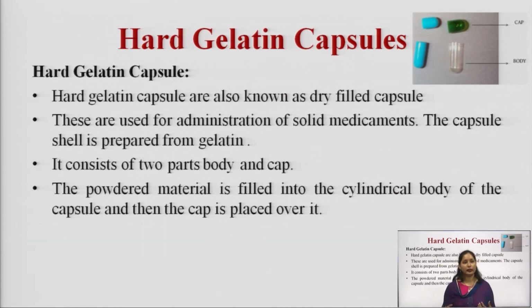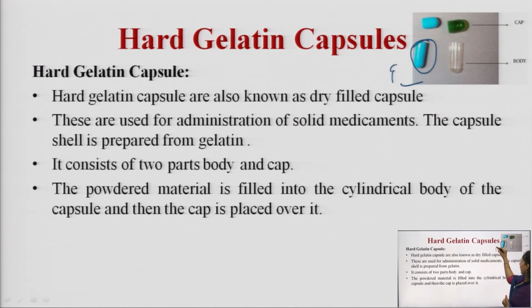Okay. So, hard gelatin capsules are known as dry filled capsules, and these are used for the administration of solid medicaments. The capsule shell is prepared from gelatin. Okay. Then it consists of two parts, cap and body. So, as we see in the figure, this is the body part and this is the cap part.